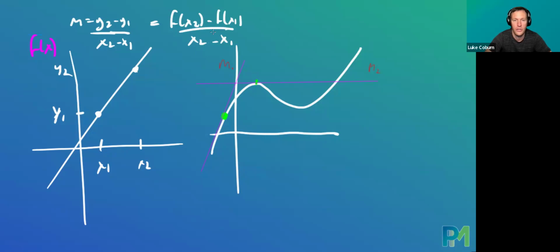It's just different notation. However, if I think about this as x, and the gap between the two as h, then this would be x plus h, okay? And when I write this formula, it would not be f of x1, it would be f of x, and not f of x2, it would be f of x plus h. So that would be f of x plus h minus f of x over h.